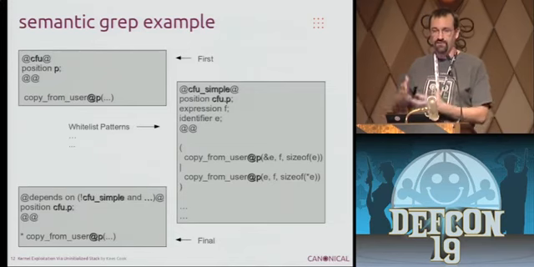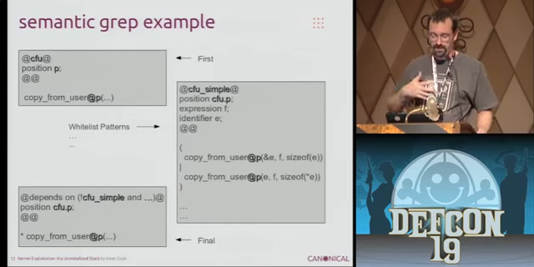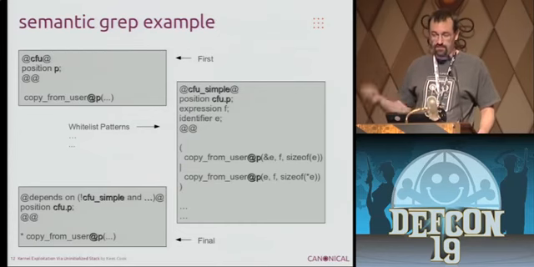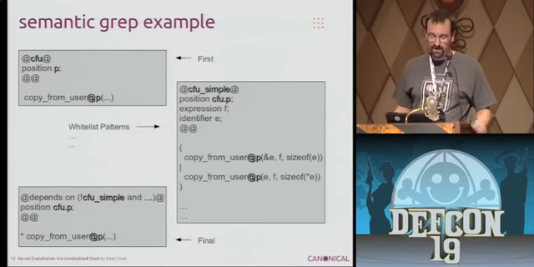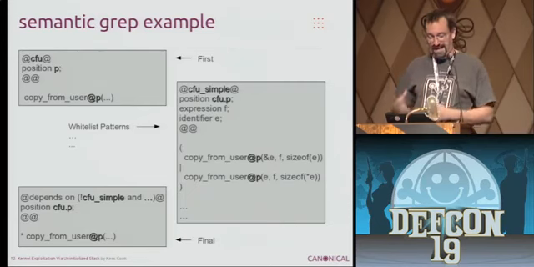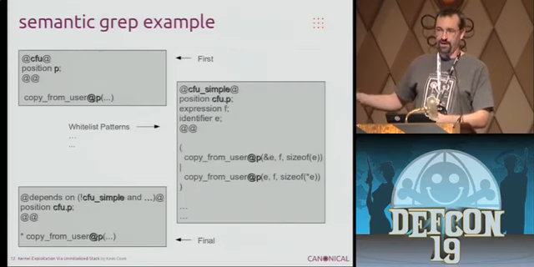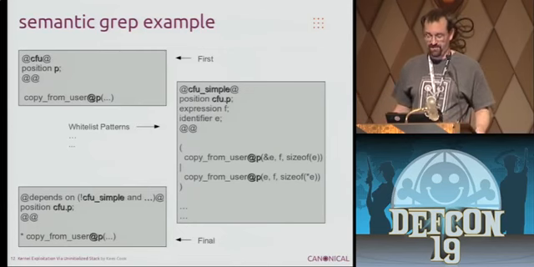So that's not overflowed. We know it's the right size. So you can create a huge list of good patterns that make sense and you don't need to pay attention to. And then the final chunk of the semantic grep is just to, if you have a copy_from_user and it is not at the same position as any of the whitelists, then you have something that actually needs analysis.